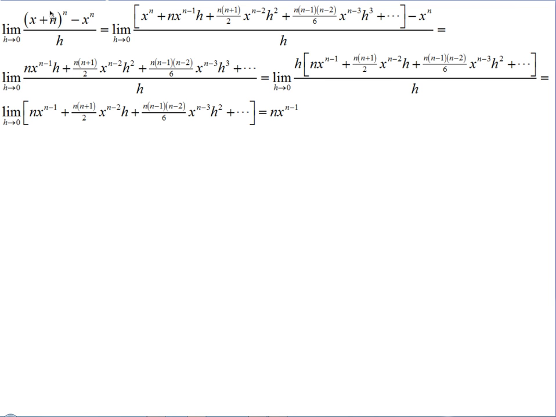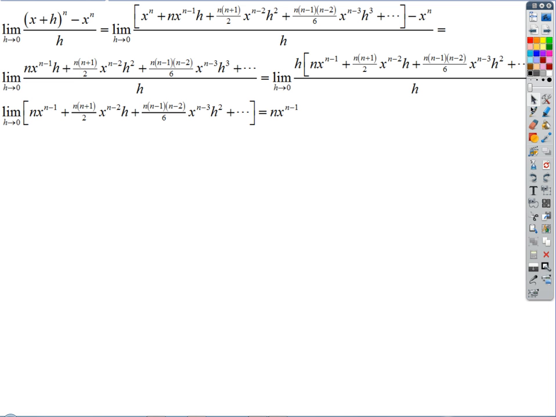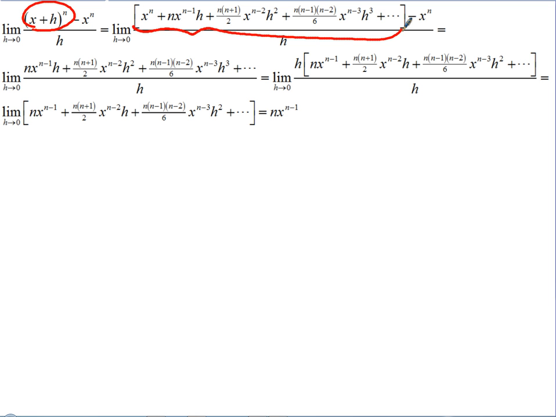If I take this x plus h to the n, this is what it becomes. At least the first few terms of it becomes that. It becomes x to the n plus n times x to the n minus 1. Remember, the powers of x are just going to step down progressively by 1 with each term, while the powers of h step up by 1.